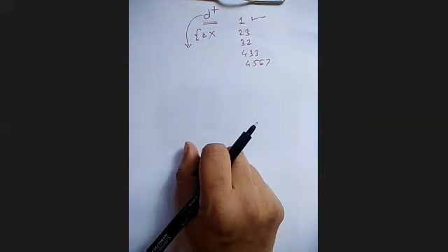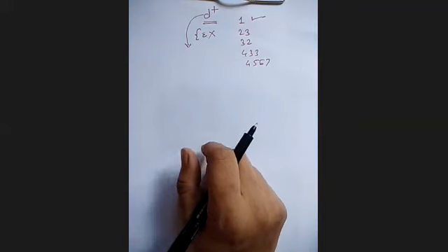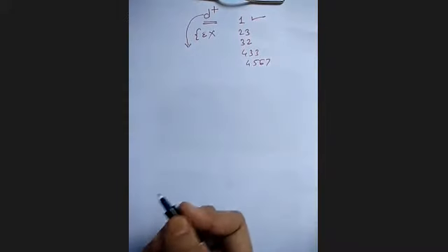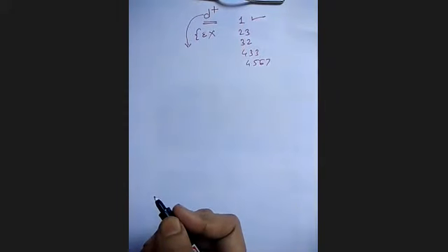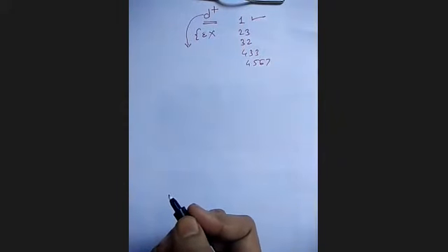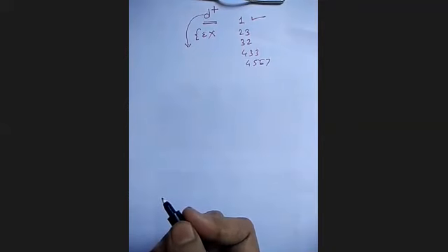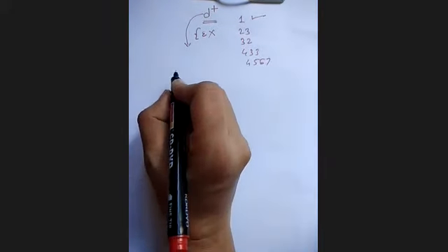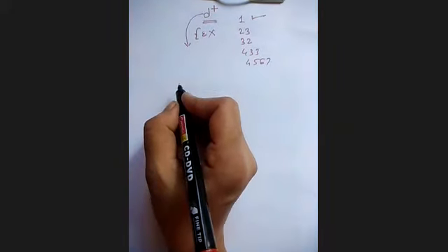Can anybody guess how to write the rules for the D plus?